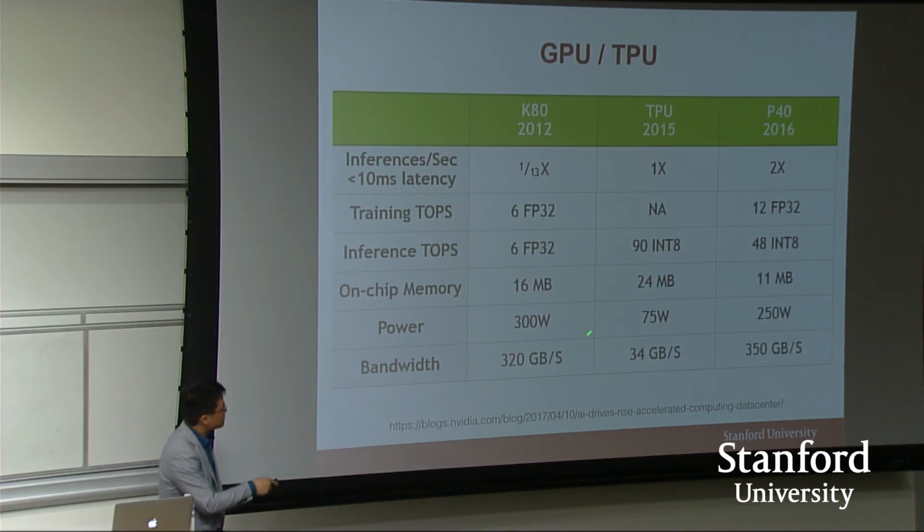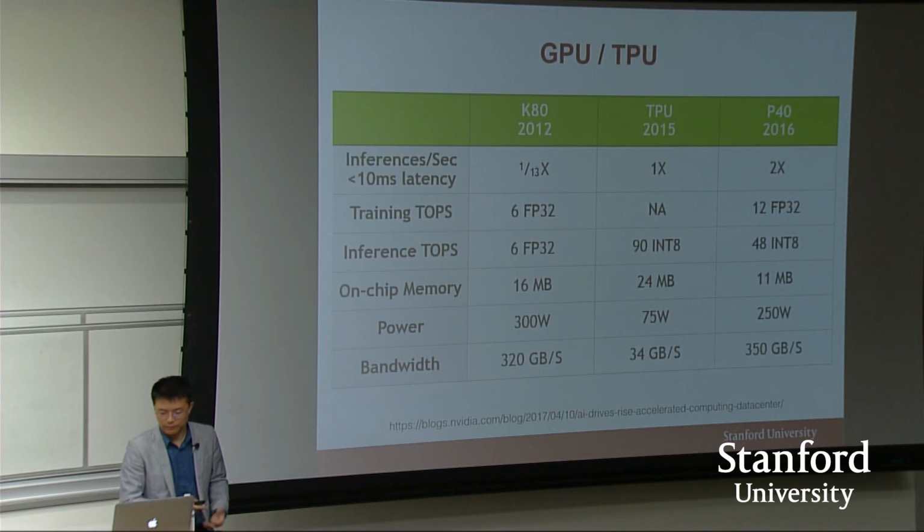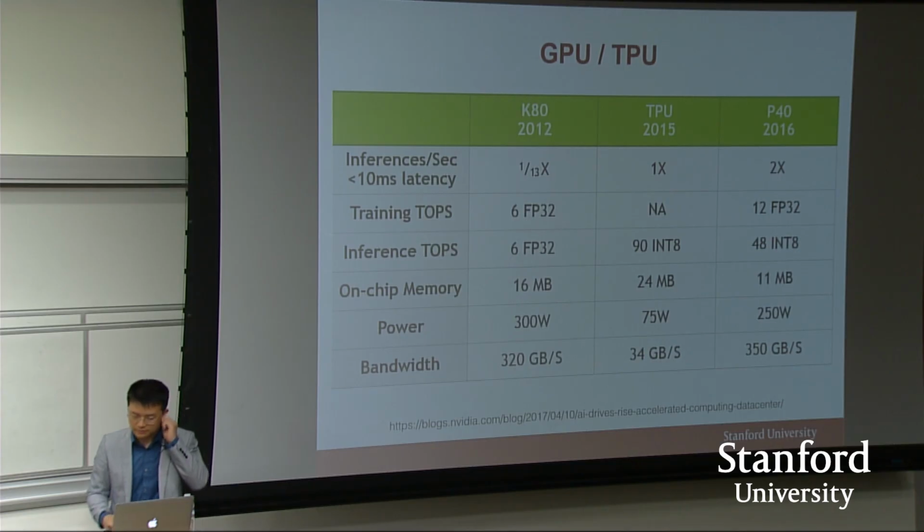The TPU has lower power consumption, and has larger on-chip memory of 24 megabytes, really large on-chip SRAM managed by the software. Both of them support int8 operations, while the inferences per second given a 10 nanosecond latency, the comparison for TPU is 1x, for the P40 is about 2x.